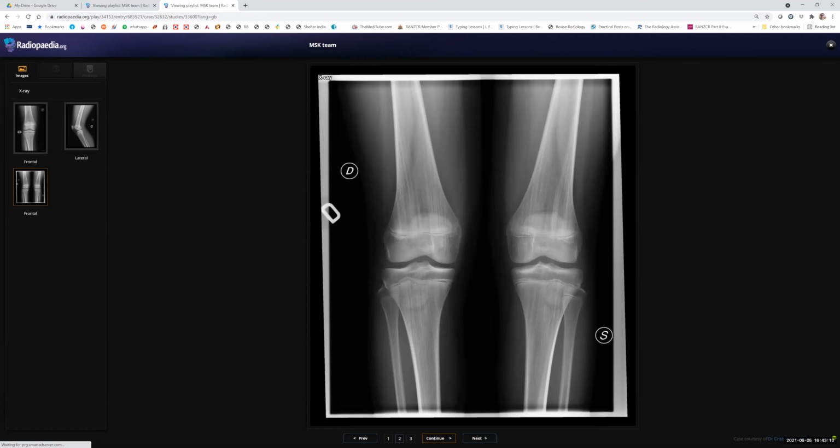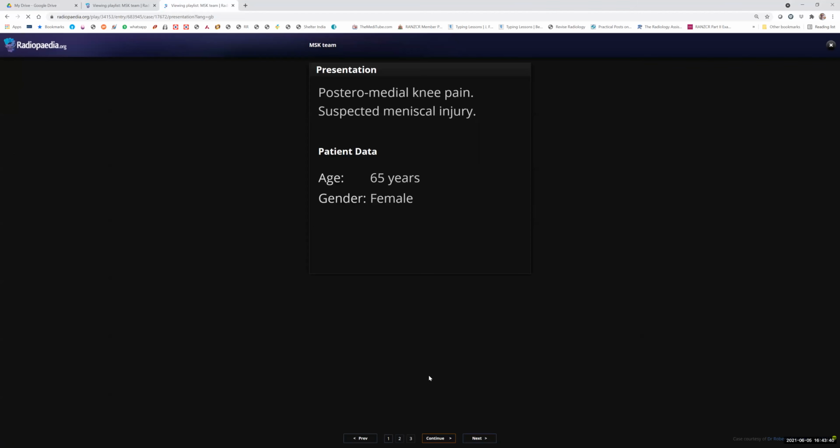You can see both knees. I can see that there's a periosteal, diffuse, lamellated, permeative pattern in both knees. Permeative pattern.